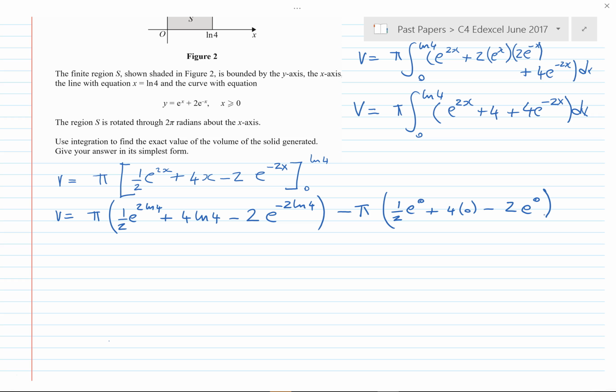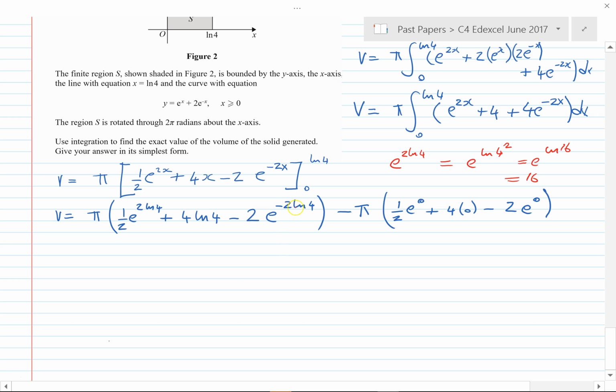Right, so now when it comes to dealing with e's and lns, so long as you're confident with this, which you should be, the e to the 2 ln 4, for example, is going to be equal to 16, because e to the 2 ln 4 is equal to e to the ln 4 squared using the rule of logs, which is e to the ln 16, which by definition is equal to 16.